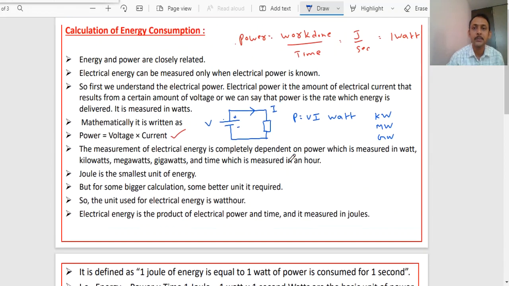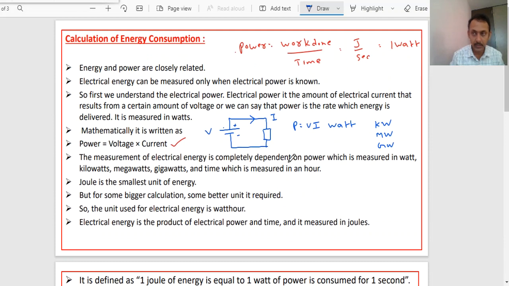Dear students, most of the students will get confused here with respect to the power and energy. We are already familiar that power equals work done by time, and the work done we will express in joules and the time is expressed in seconds.